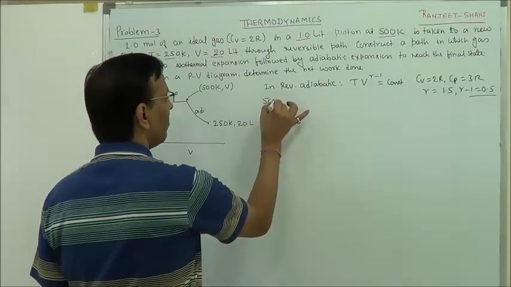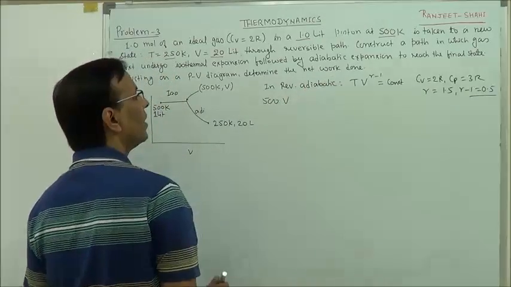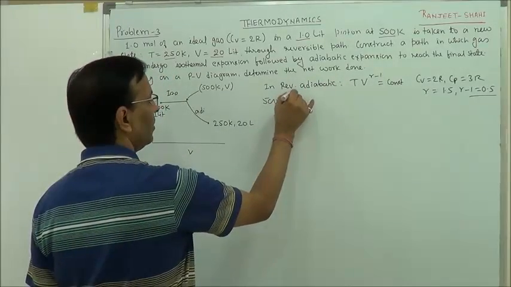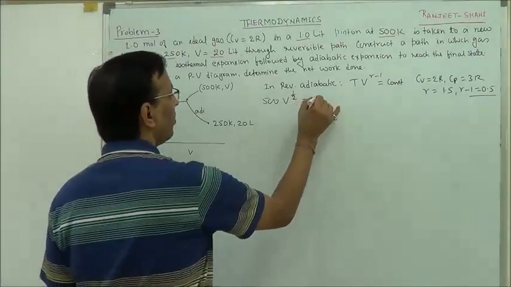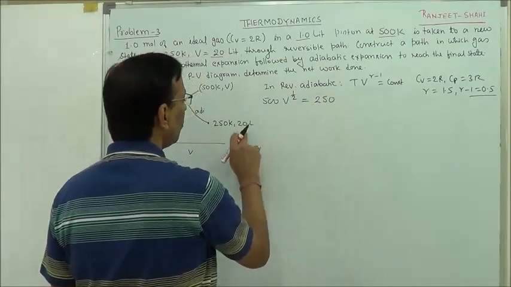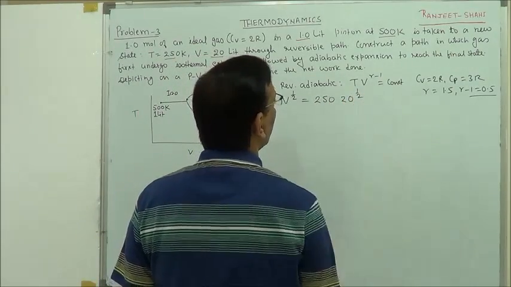So 500 into V raised to the power 1 by 2 is equal to T2, 250, into V2 raised to the power 1 by 2.